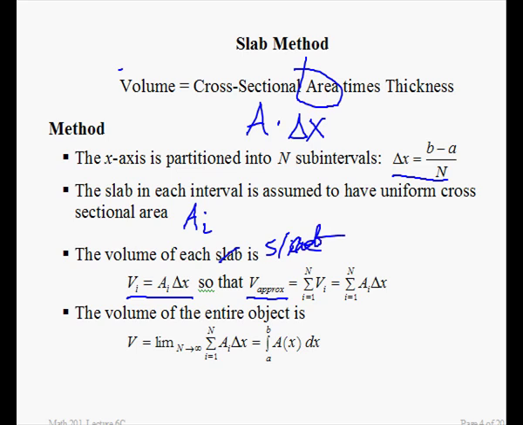So the volume of the entire loaf of bread is the sum of all the volumes of the little slices or slabs, and that would be just the sum over the different areas times delta x. Now, if you let n go to infinity, you are taking the limit, so you have this really refined partition, and in the limit, this finite sum becomes a definite integral.